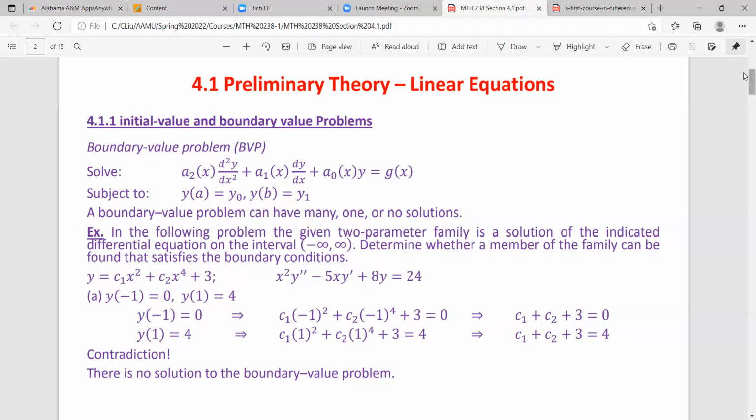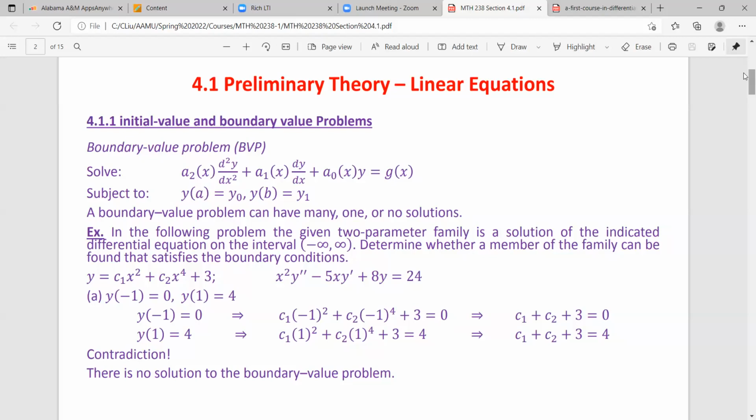So the question is: determine whether a member of the family can be found that satisfies the boundary conditions. Given this general solution to the differential equation and some boundary value conditions, can we find a solution to the boundary value problem?